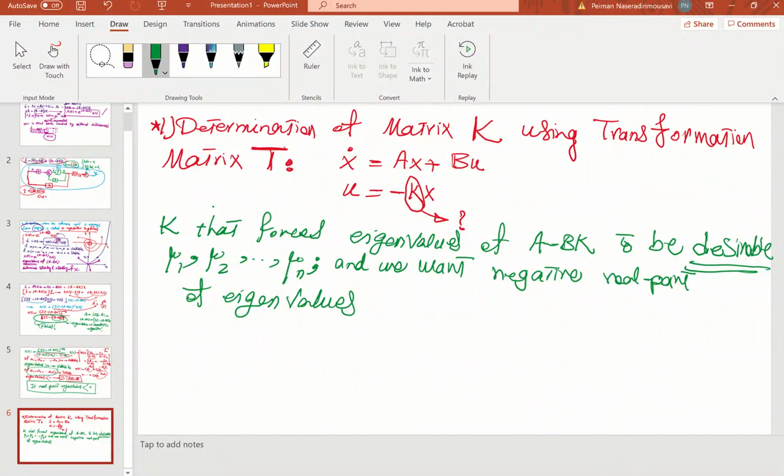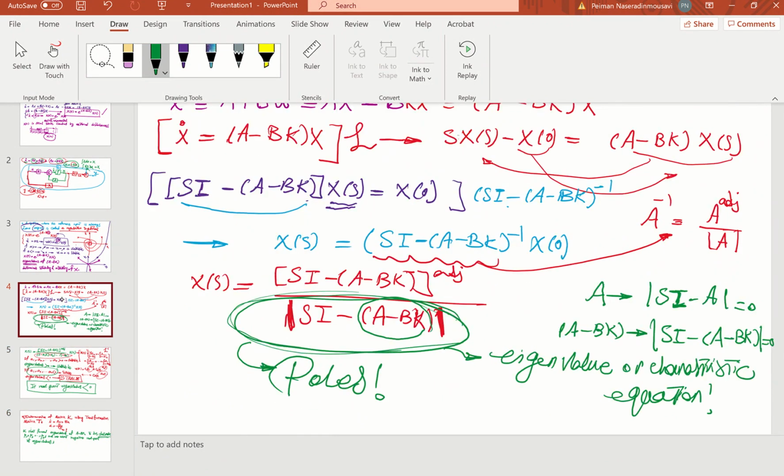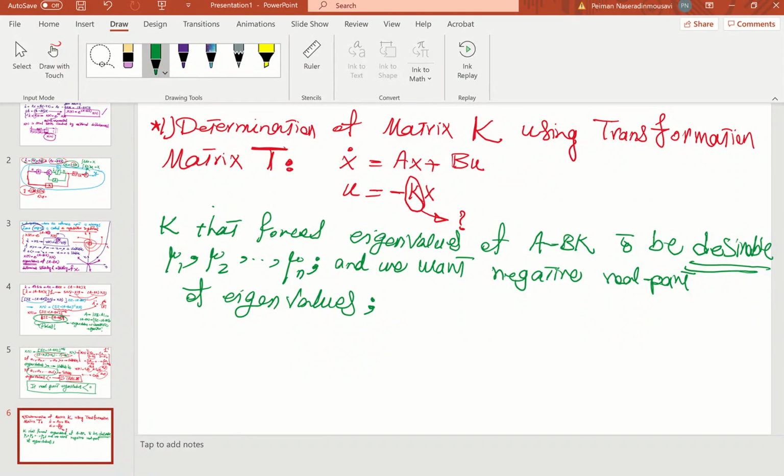Okay. We want eigenvalues. Okay, or as I just showed to you here, see here, these are the poles, or on the other hand, negative poles of the system. Okay, so in using the transformation matrix, we have many steps.